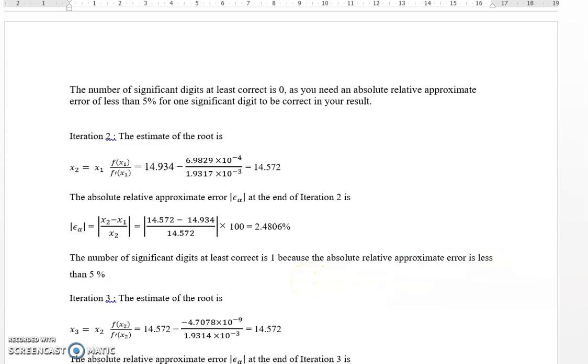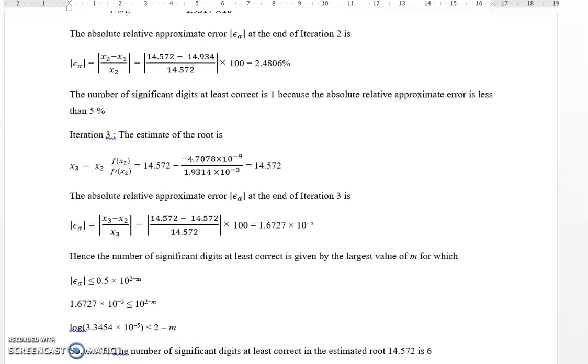Lastly, we do the third iteration, from x2, with f(x2) divided by the derivative of f at x2, and we got 14.572. And again we calculate the relative error. The answer is 1.6727 times 10 to the power of negative 5.